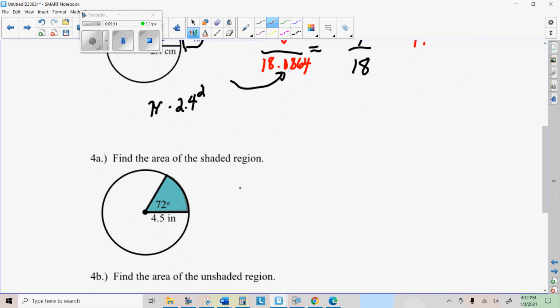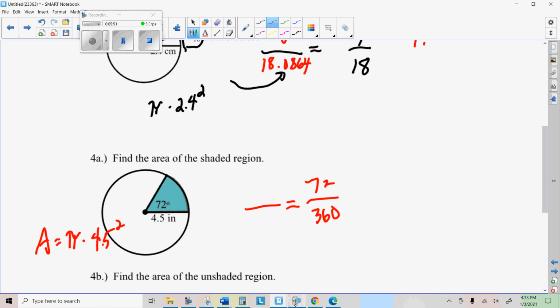Okay, on this one, let's get it set up. You need your area down below there. Let's do 72 out of 360 here. Find your area. You're going to do pi times 4.5 squared.